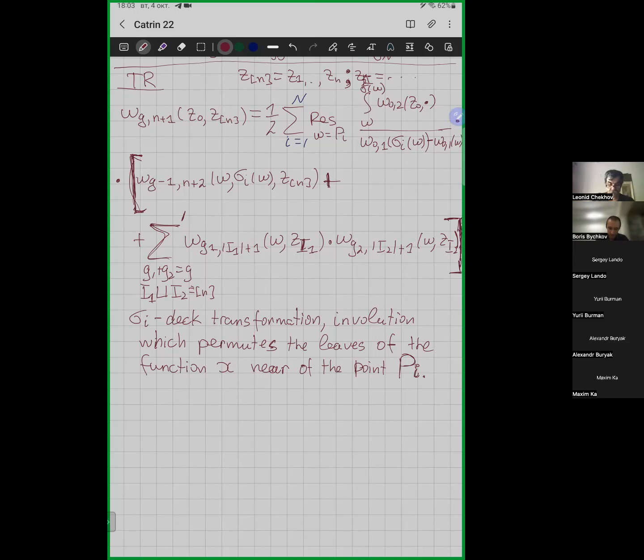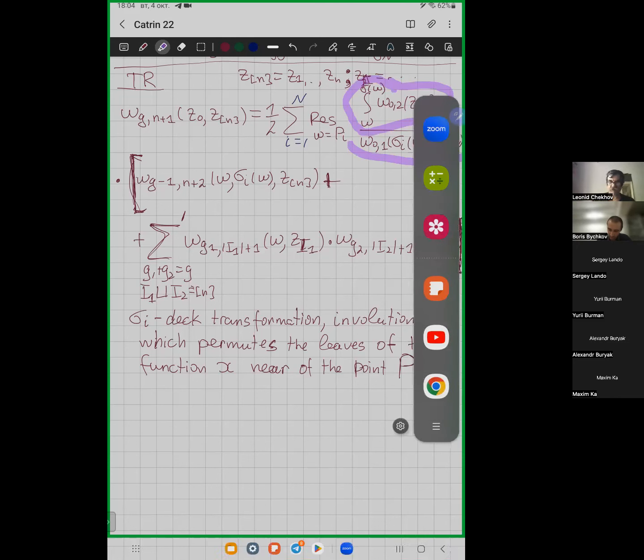Inside the bracket we have n plus 2 forms, so sigma to the power n plus 2 forms, and here this integral is just one form, and here also we have one form.